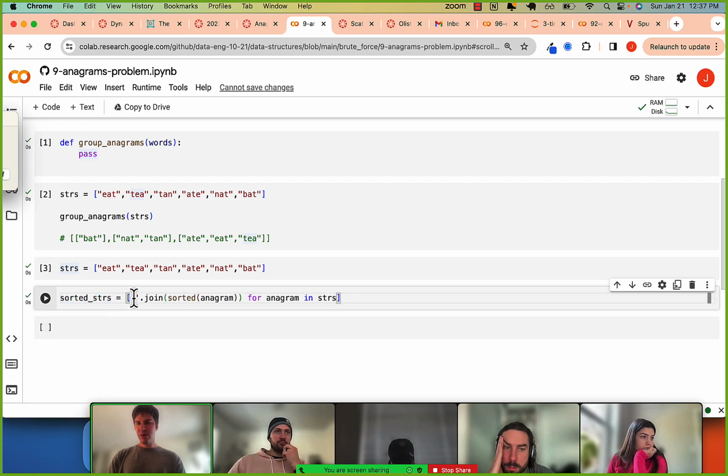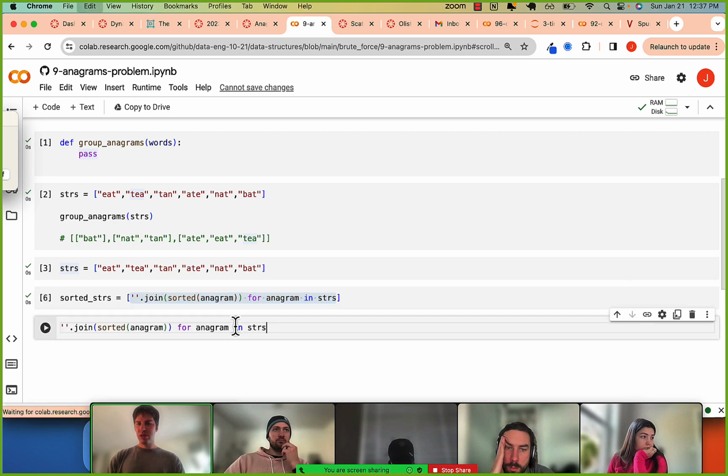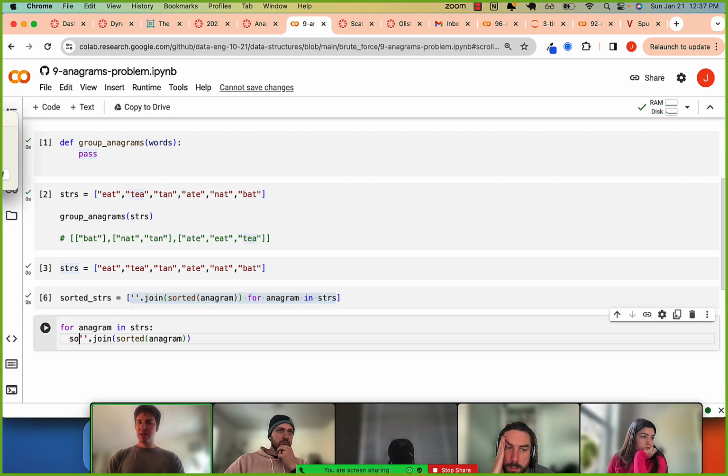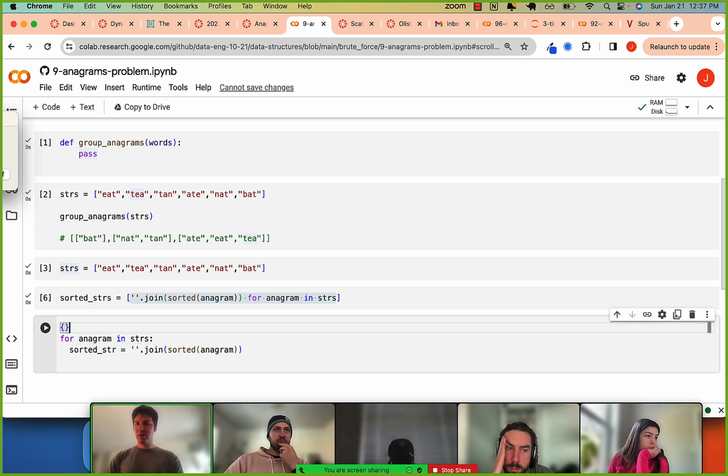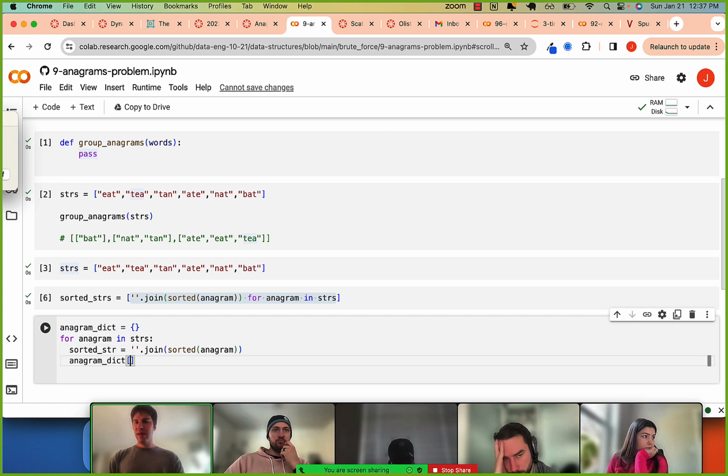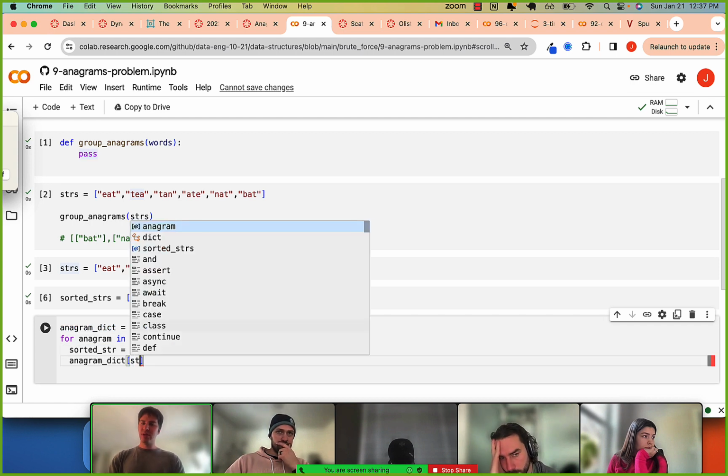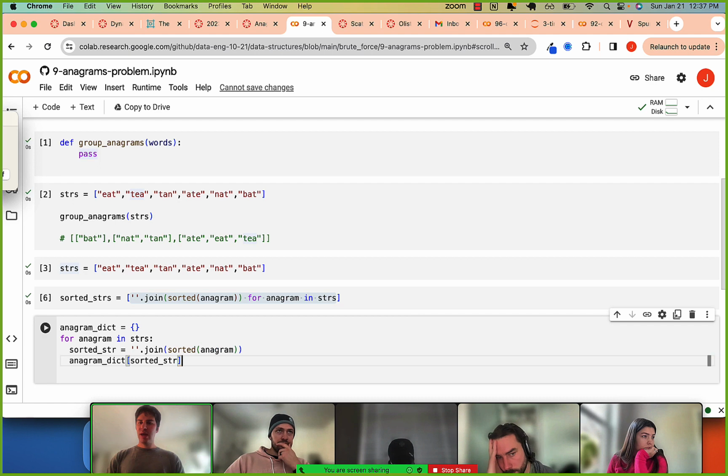The way I would do it is go through each of the anagrams, and this is my sorted string. And then I'll create a dictionary, and for each one, we'll have the sorted string.